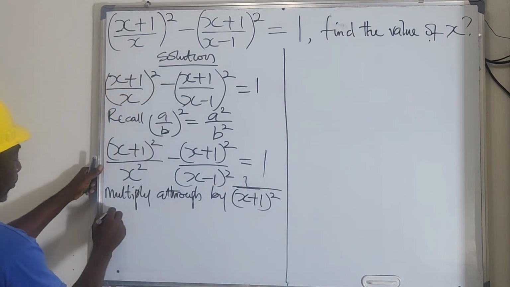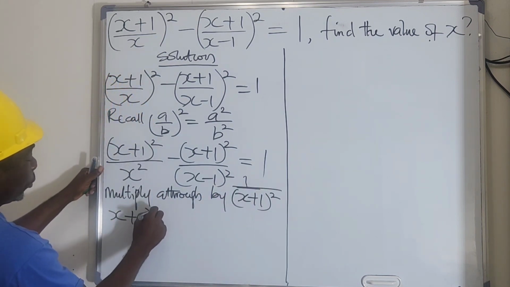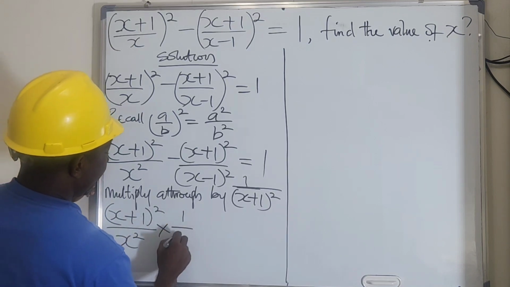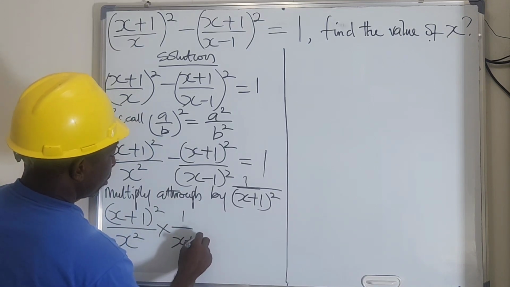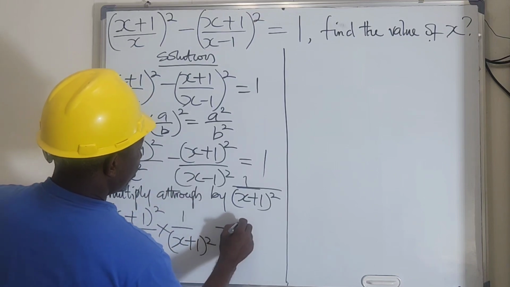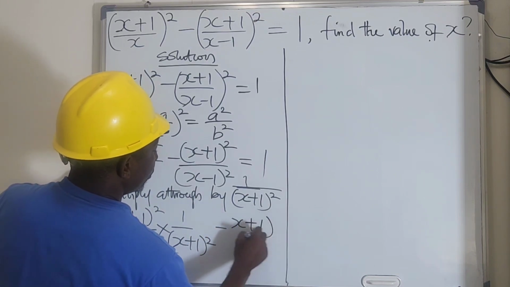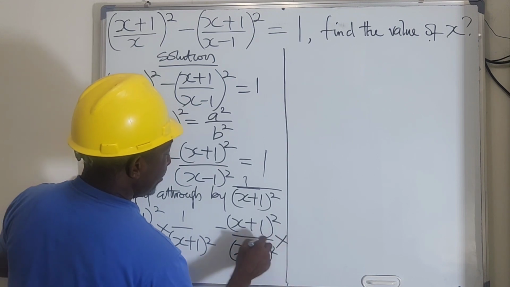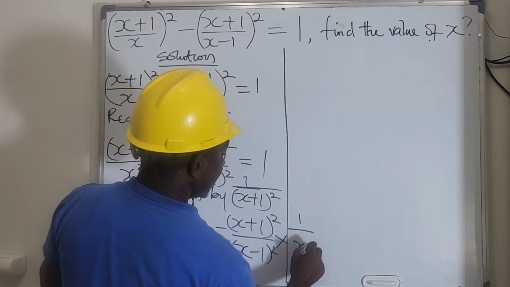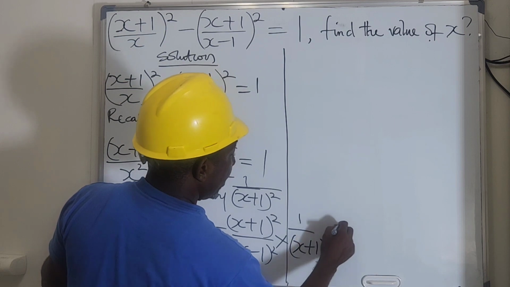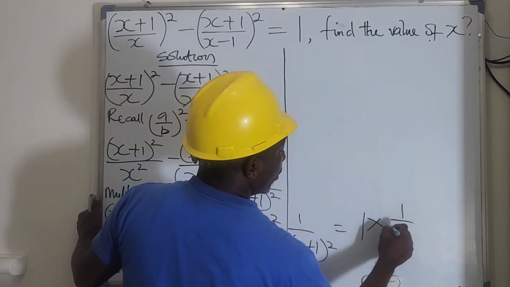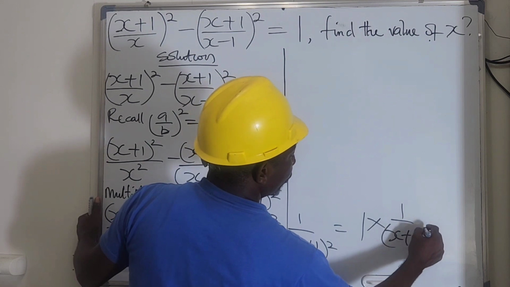So this will become x plus 1 squared all over x squared times 1 all over x plus 1 squared, then minus x plus 1 squared all over x minus 1 squared times 1 all over x plus 1 squared equals 1 times the same thing, 1 all over x plus 1 squared.